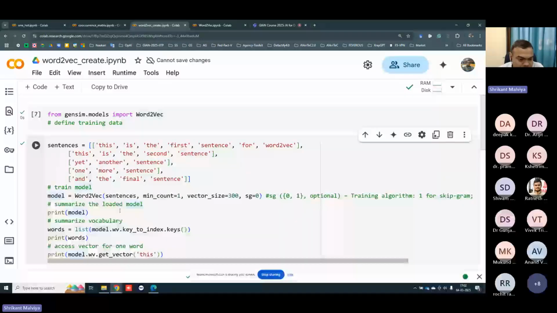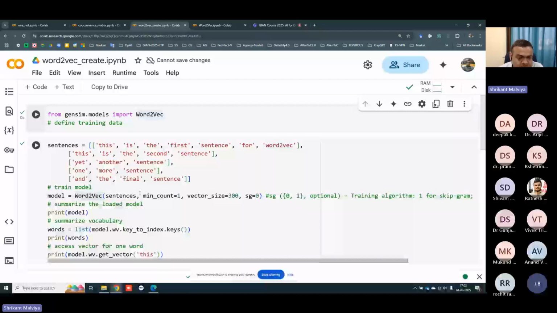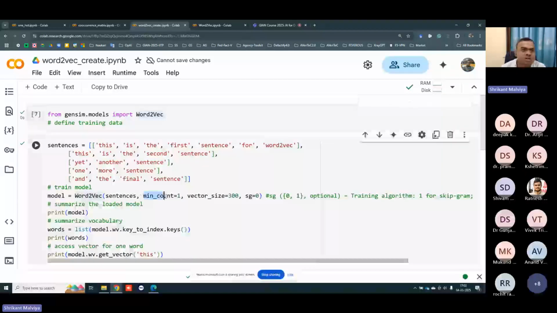The Word2Vec function will take the entire corpus. Minimum count is a threshold if you want only very high occurring words. It will consider only those terms for which the count is above that threshold.